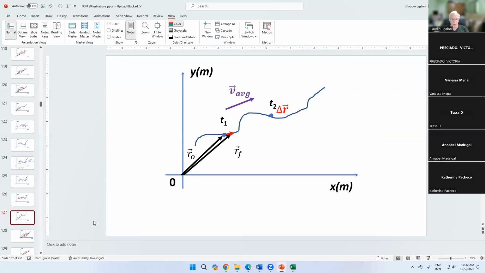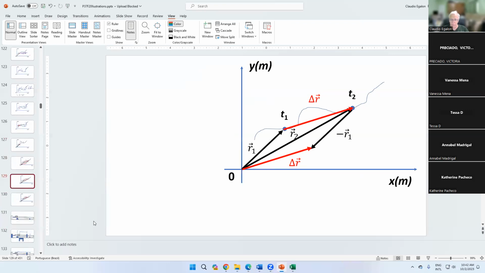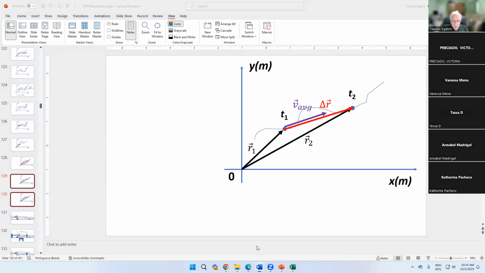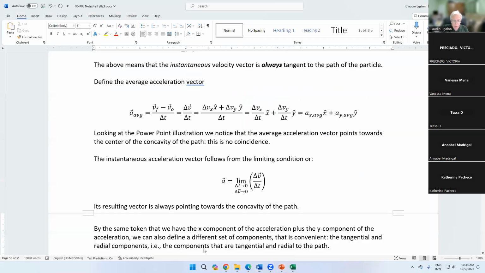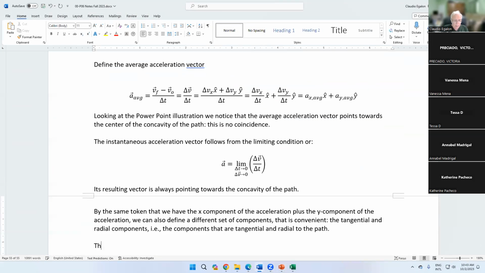Okay, so here we go. Those are the things you have to know. That's a very generic treatment of these vectorial quantities.